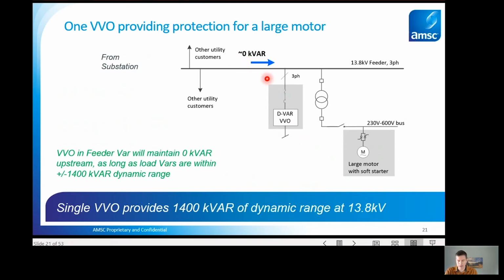Here's an example of a single VVO. A single VVO is able to output up to 1400 kVAR with its overload rating and apply that fully to the motor starting event. So one VVO at 13.8 kV is capable of up to 1400 kVAR of fully dynamic compensation for the motor.